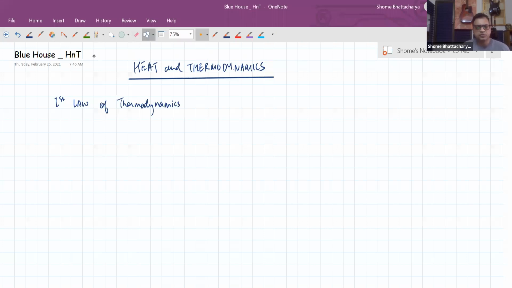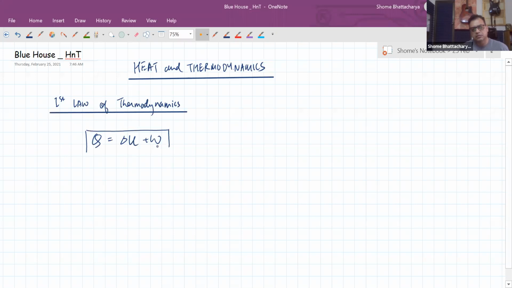Right, so let's look at the statement of first law of thermodynamics again. So it says that for an ideal gas, the total heat supplied or the net heat supplied to the gas is equal to the change in the gas's internal energy plus the work done by the gas.